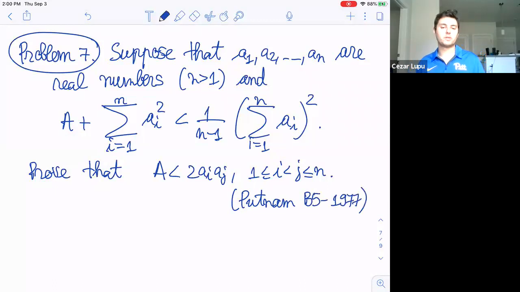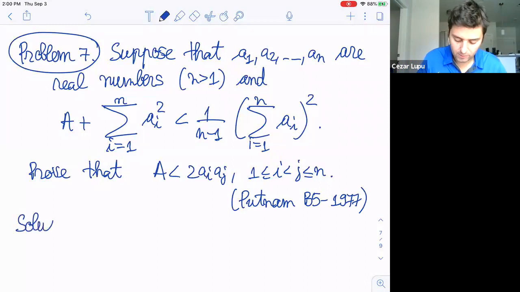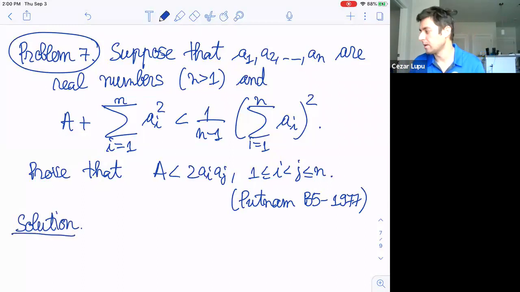You'll be tempted to use Cauchy-Schwarz directly, because we know that the sum of the A squares is greater or equal than 1 over n, the sum of AI, but it won't give you anything. That's the trick. A direct application of Cauchy-Schwarz doesn't really work.